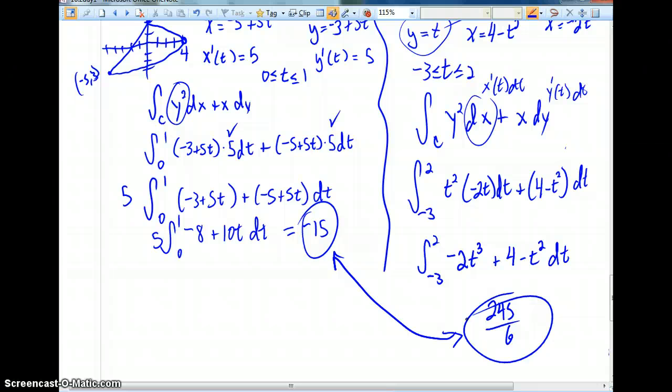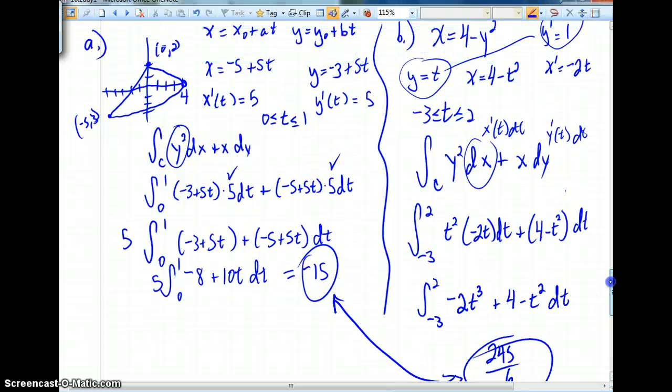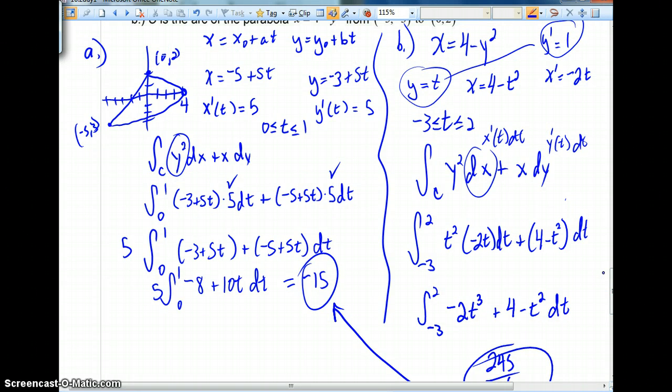Both part A and part B had the same beginning and ending points, but the path that they went on was very different, and that path led to a very different line integral value. One was even negative, the other is positive. But again, the ongoing theme that we're seeing is it's very important to get the correct parametric equations and the boundaries.